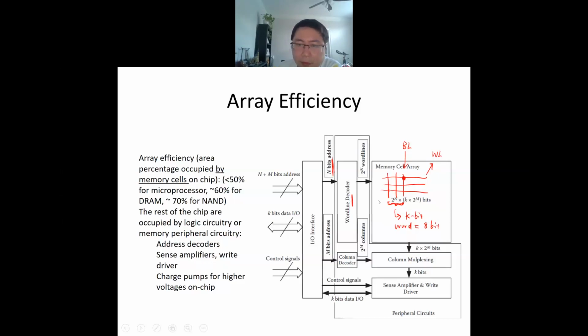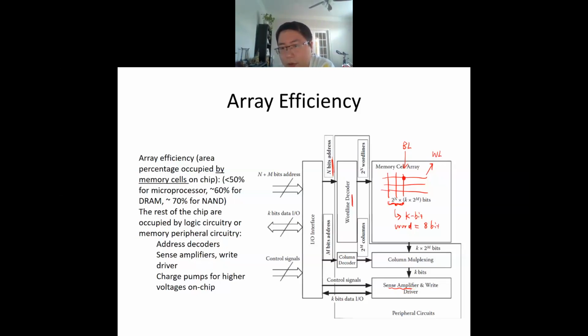Depending on the memory operation mode, you will need those peripheral circuitry here. For example, you have the write mode or the read mode. If you are doing a read, what you are going to do is to have the address ready, and then after the decoding, you are going to select the individual cells. Then from this individual cell, the data will be read out. And then this sense amplifier will do the job. The sense amplifier is for the read operation.